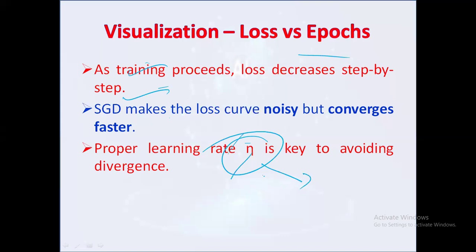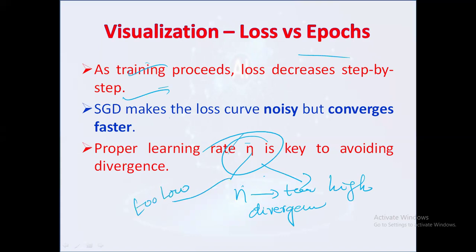If the eta value is too high, it may cause divergence. If it is too low, convergence is significantly slow.